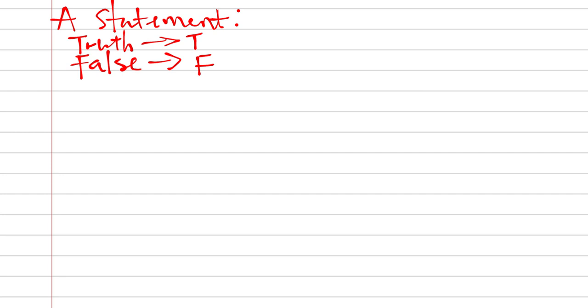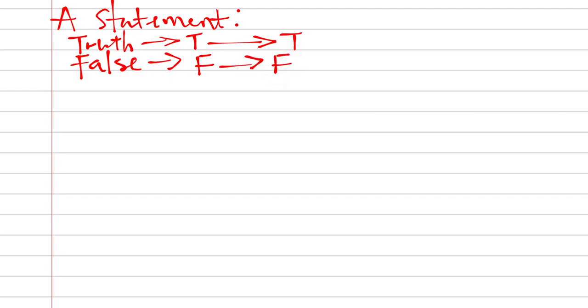A true statement is said to have a truth value T, just like this T that I have here before, while a false statement is said to have a truth value F. That means the notation again.